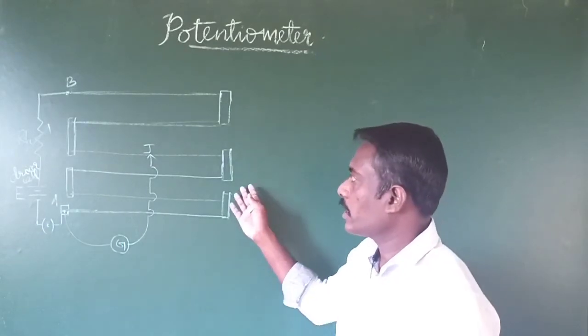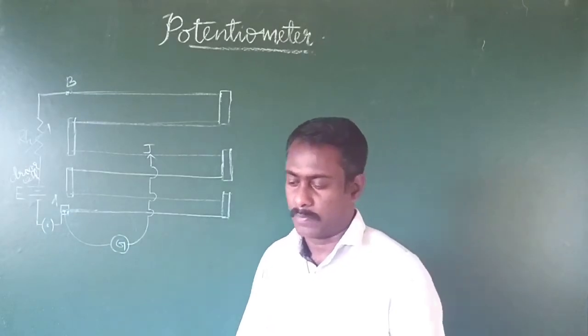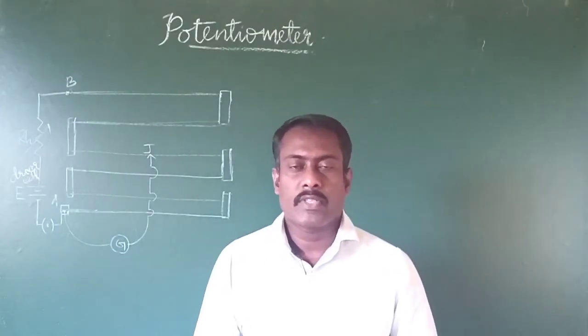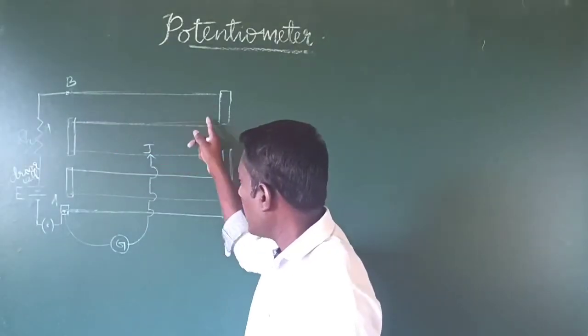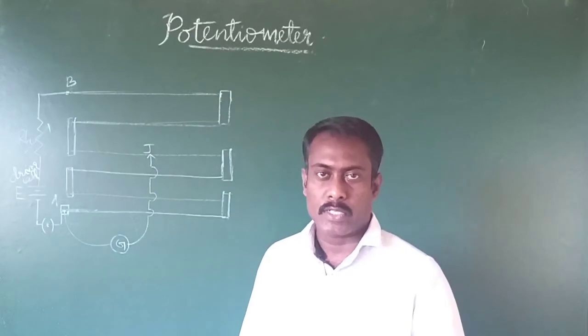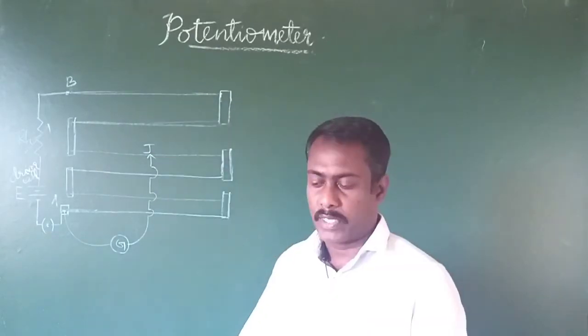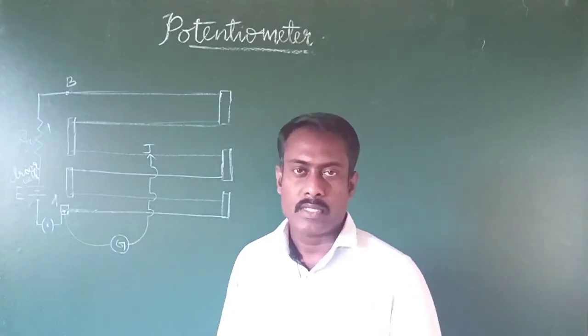First let us see how this potentiometer works and what its principle of working is. The potentiometer works on the principle that the potential drop across any point of this wire is directly proportional to the length of that wire when a constant current is flowing through the circuit.